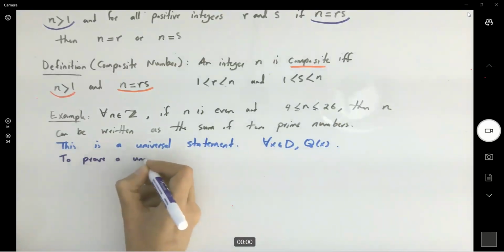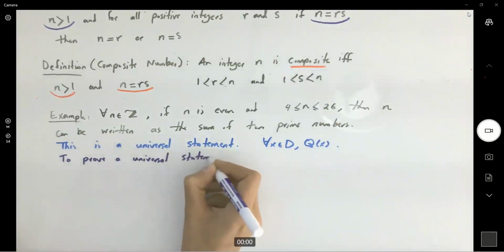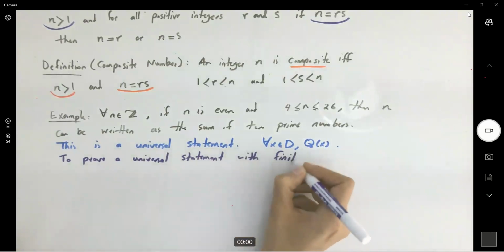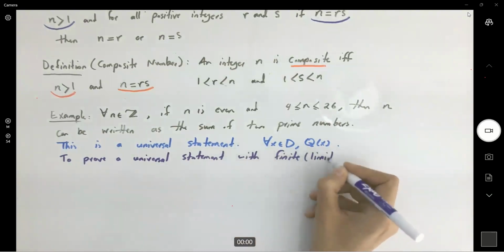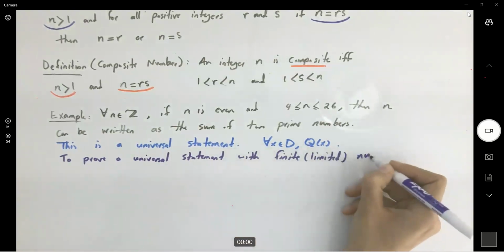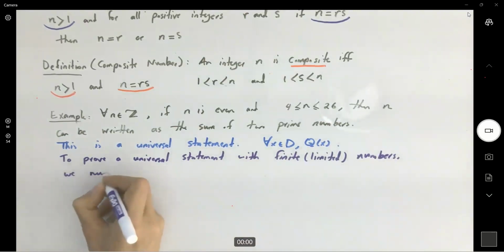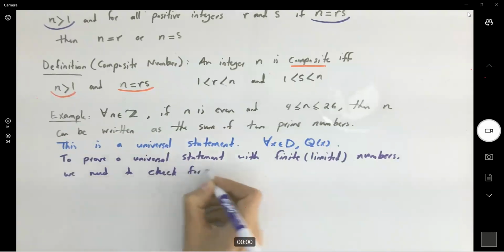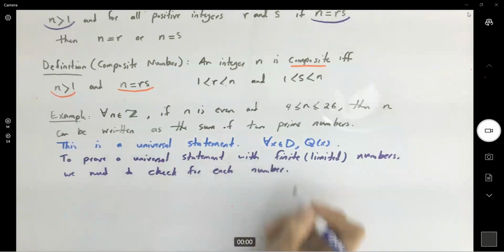To prove a universal statement with finite, limited numbers, we need to check for each number. Okay, very good.